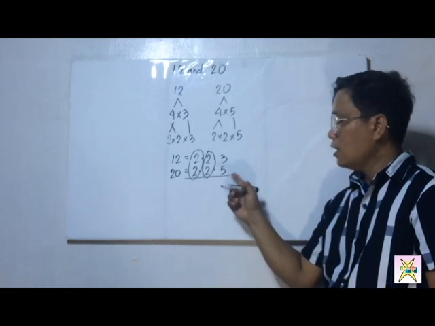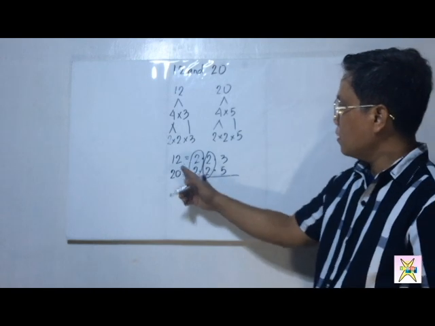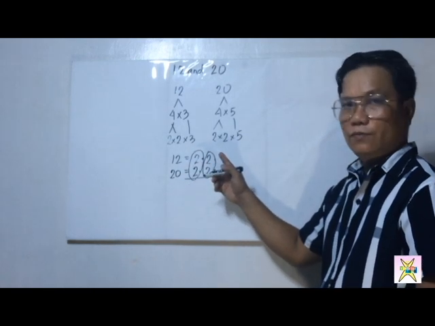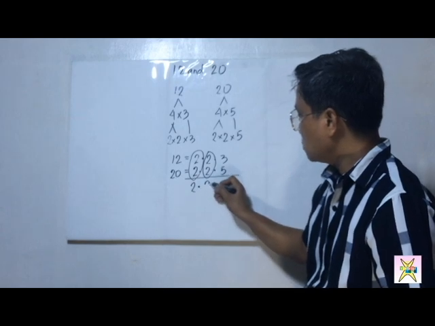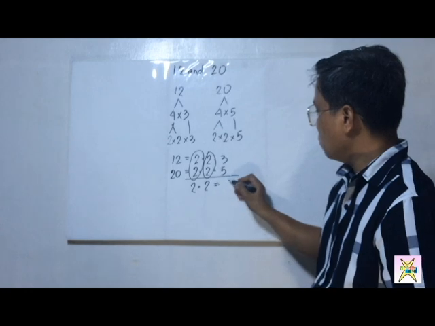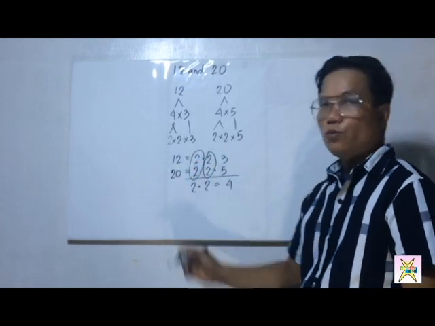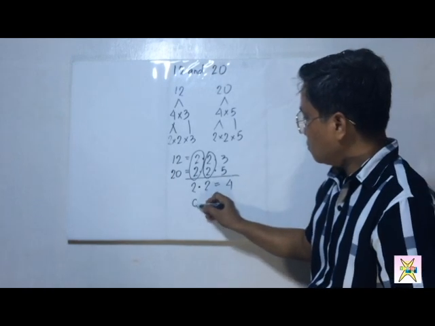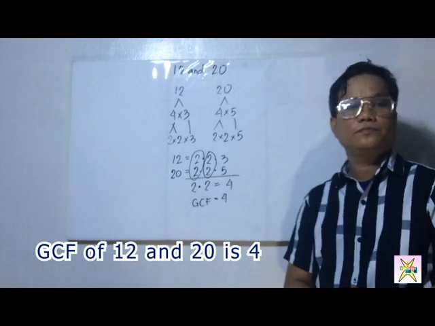That's why 3 and 5 are not the common factors. The only common factors of 12 and 20 are 2 and 2. Then we'll write down 2 times 2 and multiply, which is equal to 4. Therefore, the GCF of 12 and 20 is equal to 4.